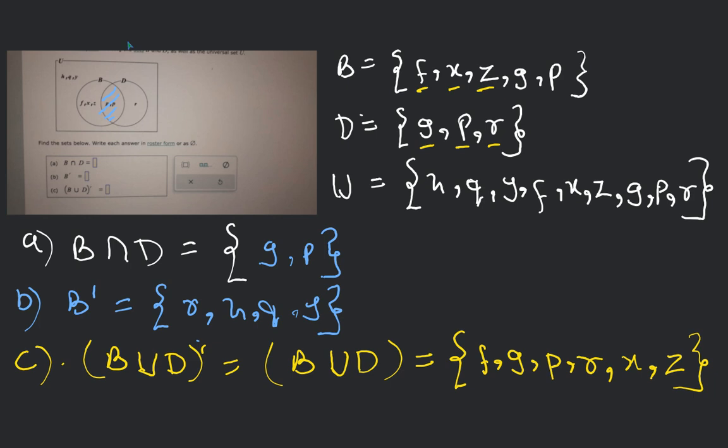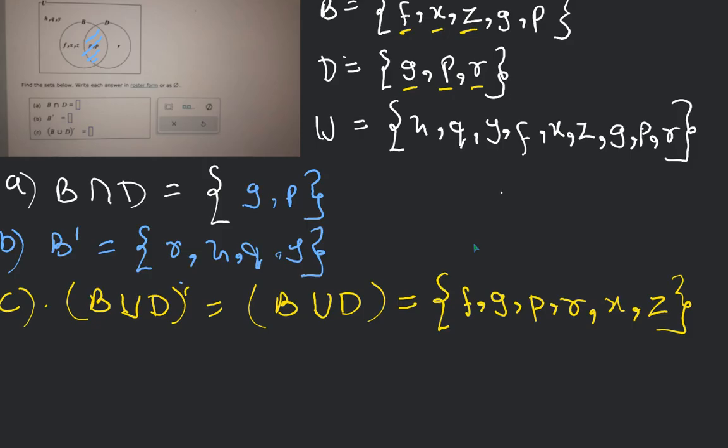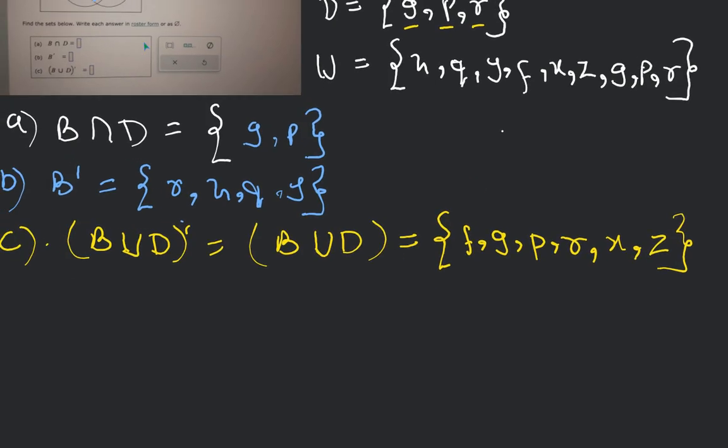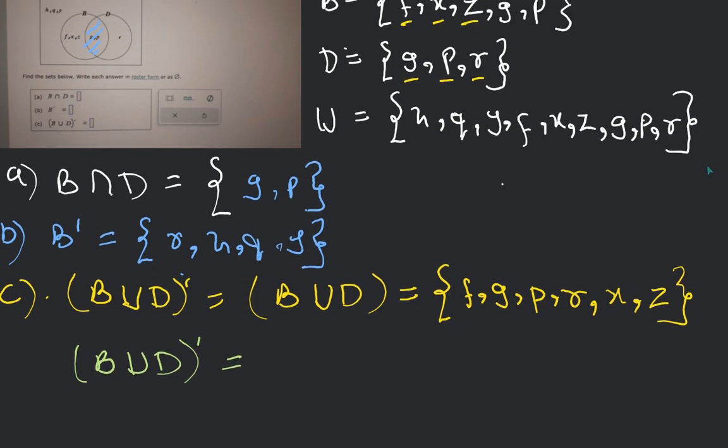So now we have got B union D, right? Now it's easier to write the elements which are not there in this. As we have done till now, take a guess for that as well. What would be the elements which are not there in the set containing the elements of B union D?